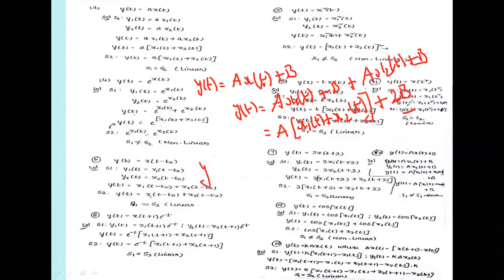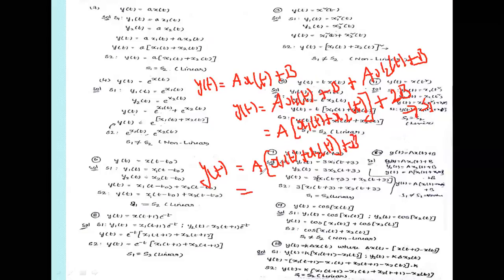But what is the second one? Let us say this is S1. And what is the second one? Before passing through the system, the signal is added: a into x of t, now I am taking x1 of t plus x2 of t, plus b.